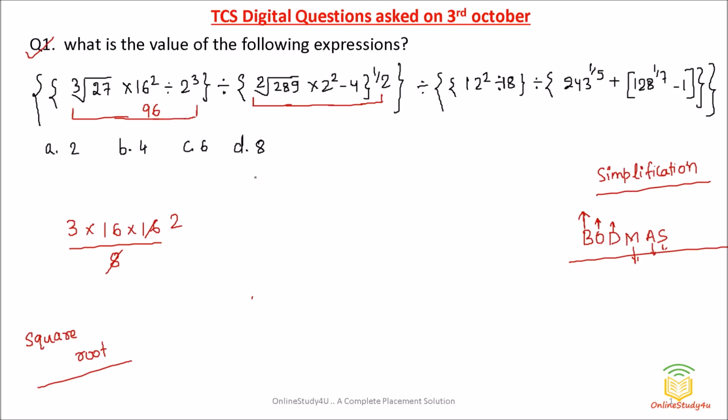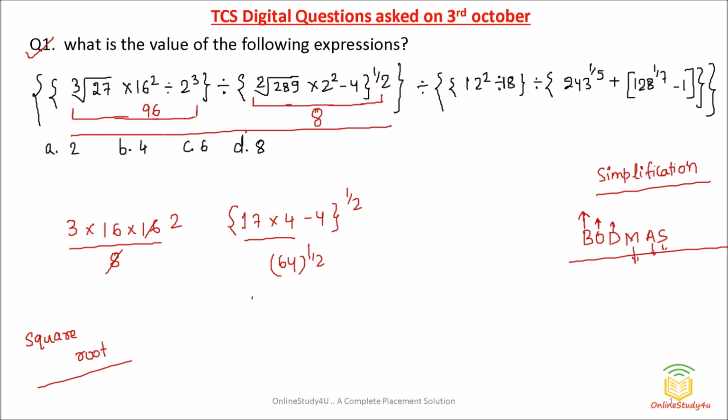So the square root of 289 will be 17, into 2 square which is 4, minus 4, and the whole to the power 1 by 2, that is nothing but a square root. So this is 68 minus 4, the square root of 64. The square root of 64 will be 8. So we have got this particular value also. So this bracket is completely done. Till here it is completely done.